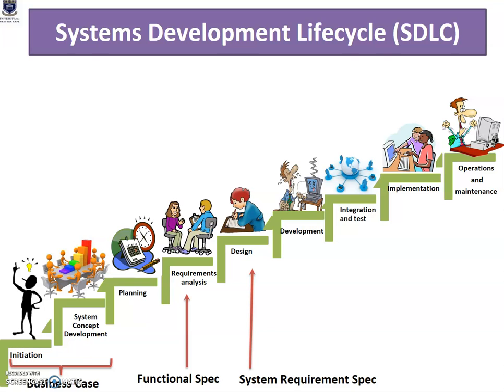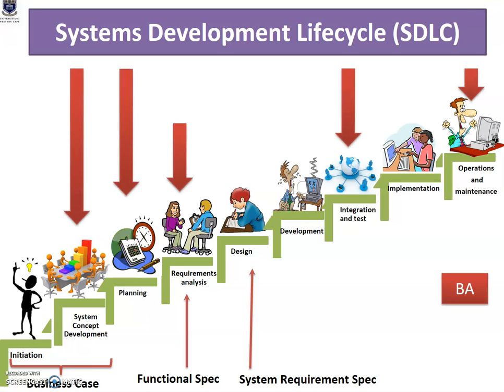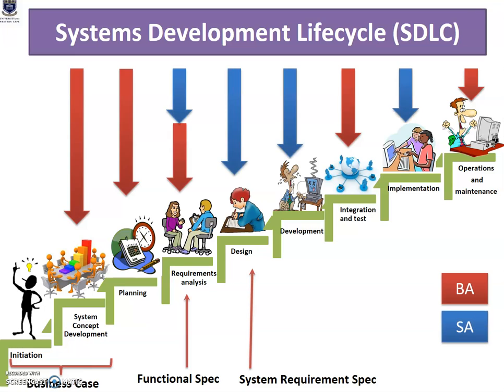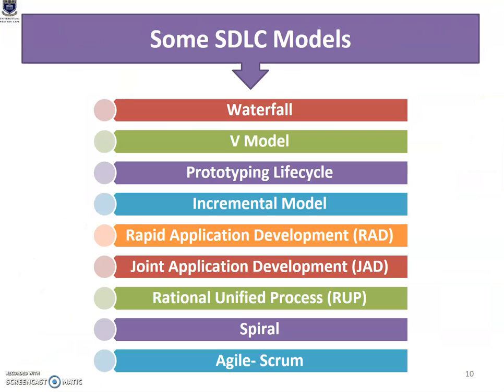Once the system is in production, we could do any post-implementation and in-process reviews. So let's look at the functions highlighted in red for the BA and the SA highlighted in blue.